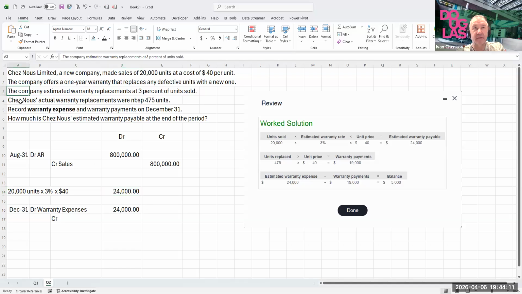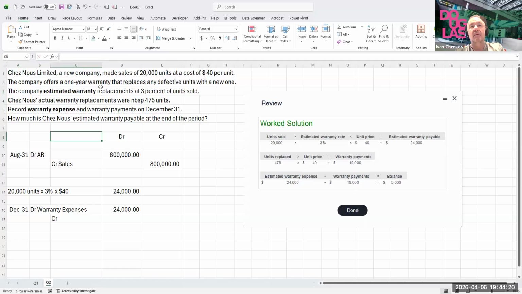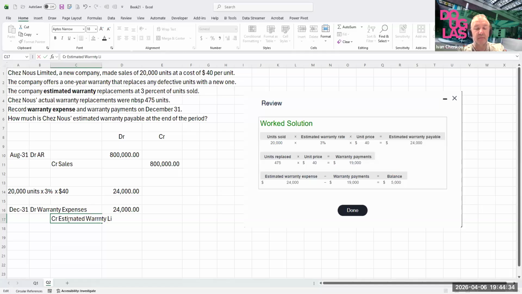And again, it says in the question, company estimates warranty at 3% of the unit sales. So which account are we gonna use? We can create estimated warranty liability.